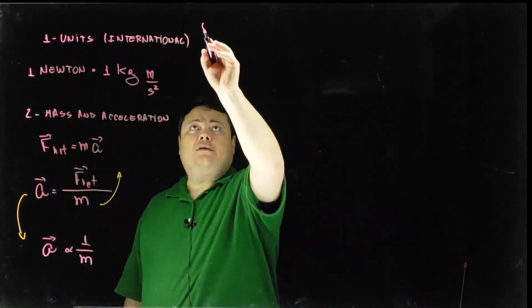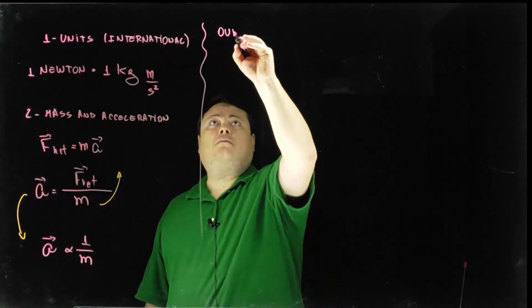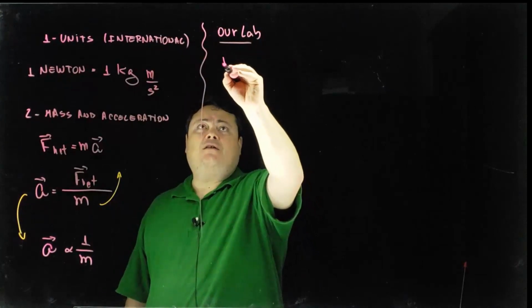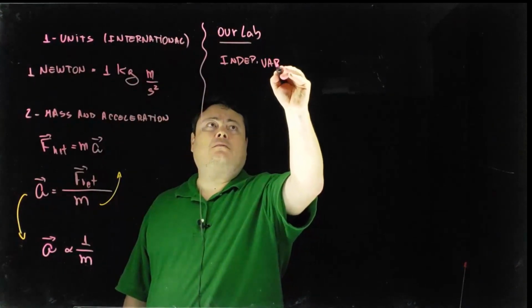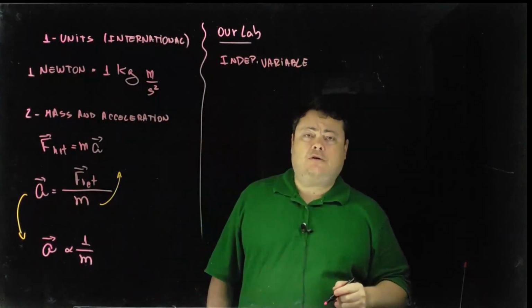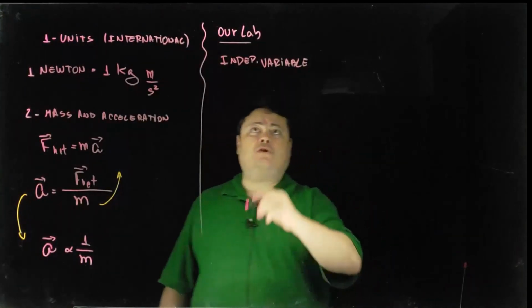Another thing I would like to discuss is this here. The way we did our lab, the independent variable was actually the force. I control the force applied to the force sensor.